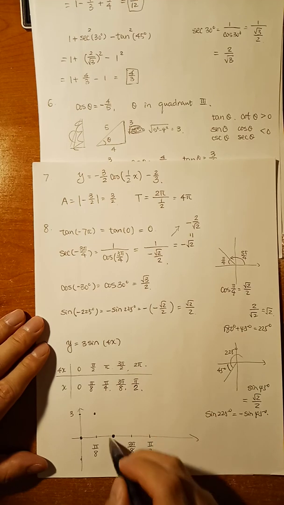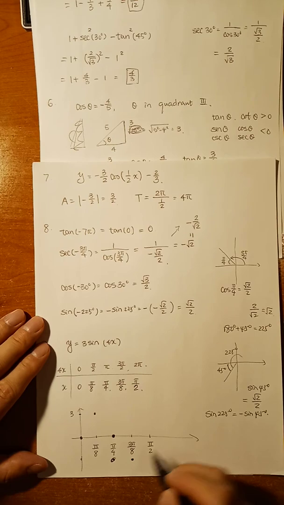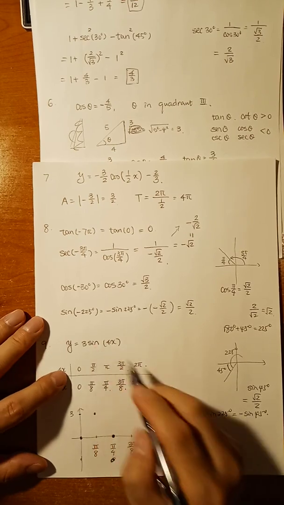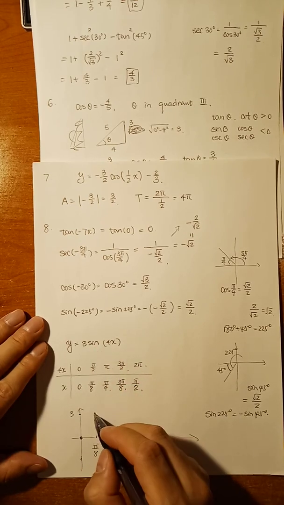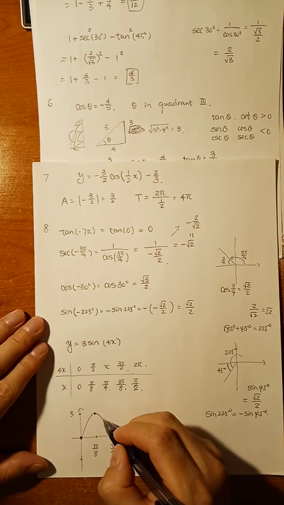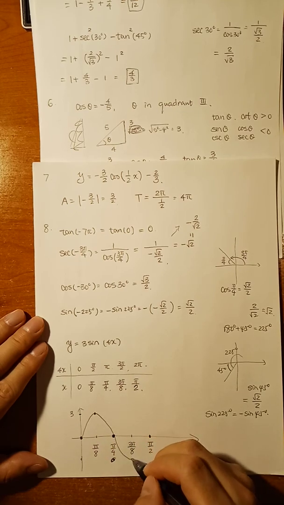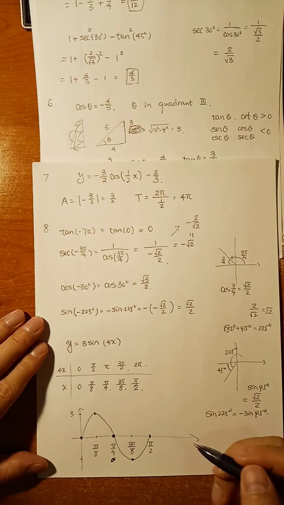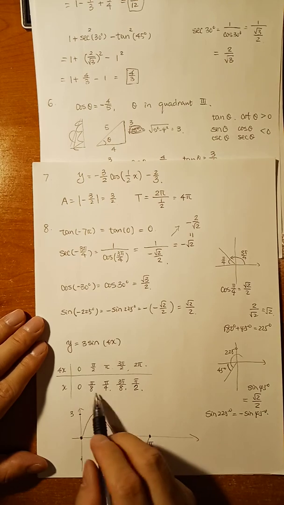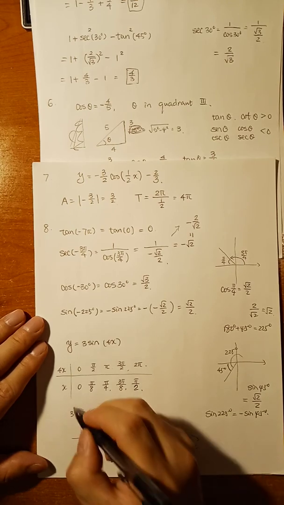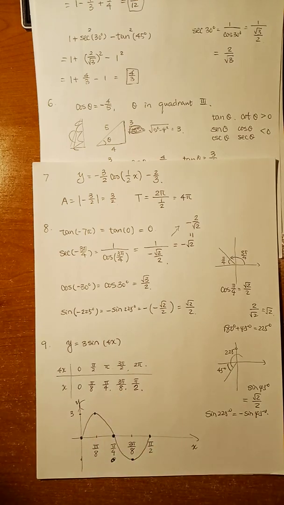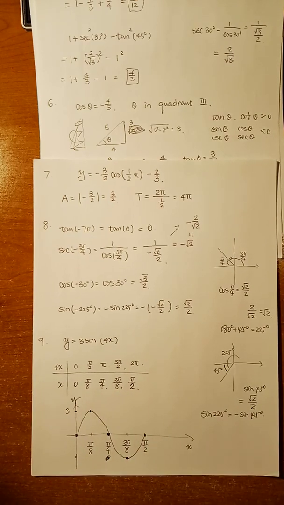When 4x is 2 pi, sine 2 pi is 0. So if you sketch it smoothly, it looks like this, but those values are for x. This is one period.